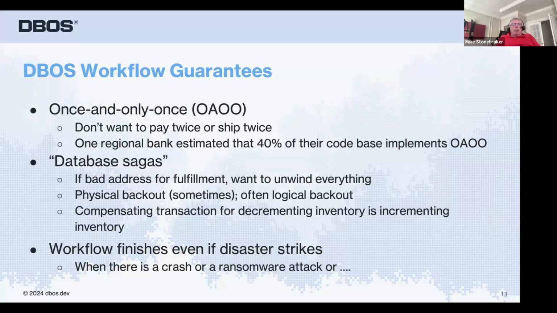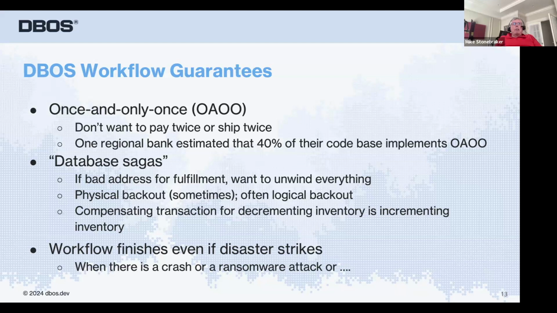You need to actually propose a compensation. So database sagas are the idea that for any transaction, you have to tell the system what the compensation is. Sometimes it's just physical unwind, and sometimes it's a compensation.